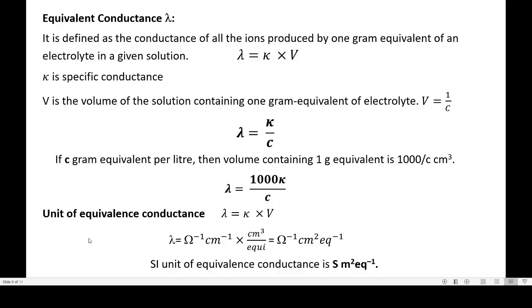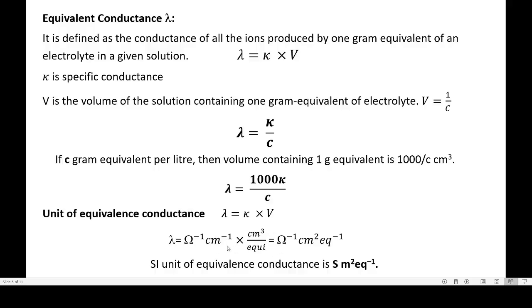Also if you see the unit of equivalent conductance, lambda equals K into V. The unit of specific conductance is mho per centimeter. For volume, centimeter cube per equivalent.